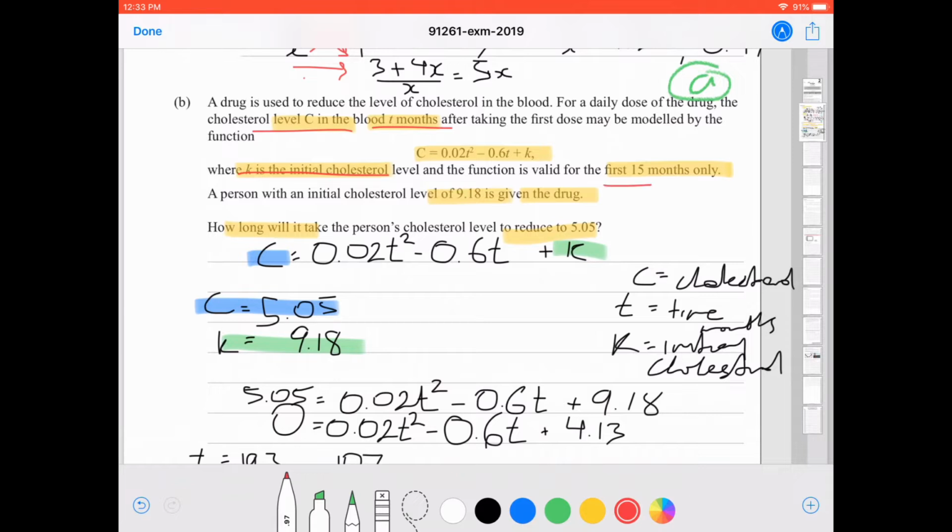So they wouldn't put this in the question if it didn't have some relevance. And here, if the function is valid for the first 15 months only, we can say our interval for t is going to be less than 15 and presumably greater than 0.